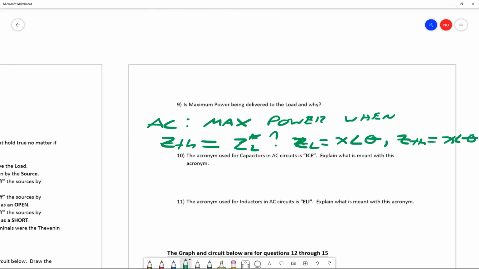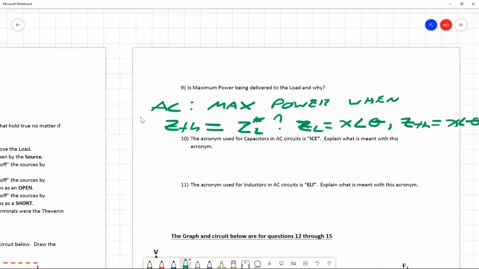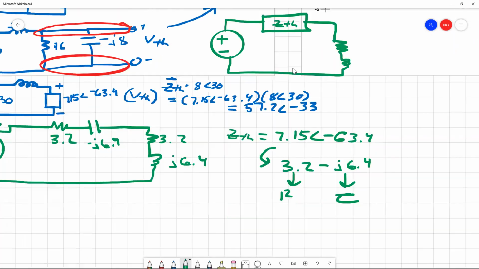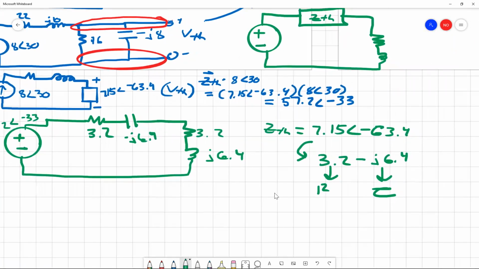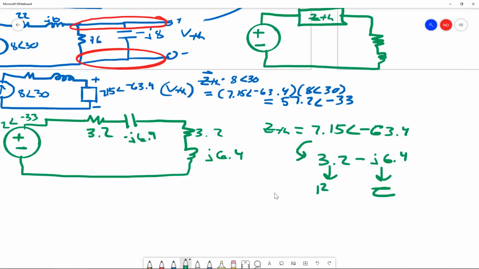Is that true? Well, let's see here. We've got the same resistance value and opposite imaginary values. So for our load impedance, we'll end up somewhere up here, and for our Thevenin impedance, we'll end up somewhere down here, totally opposite angles.